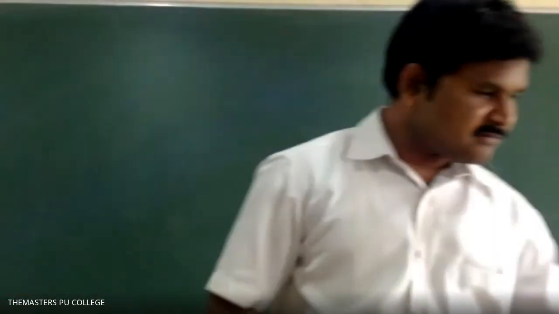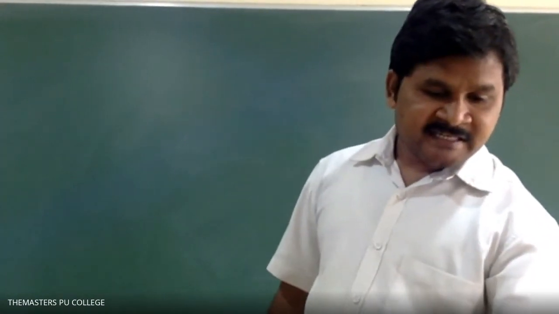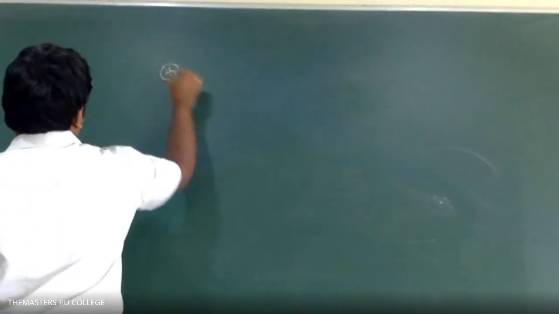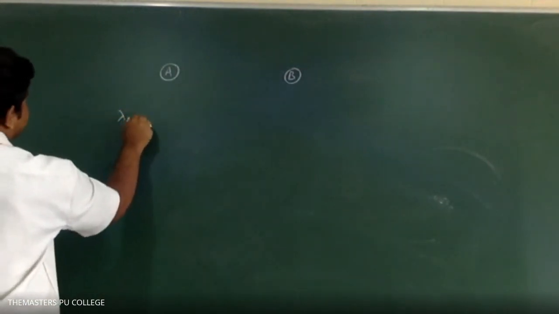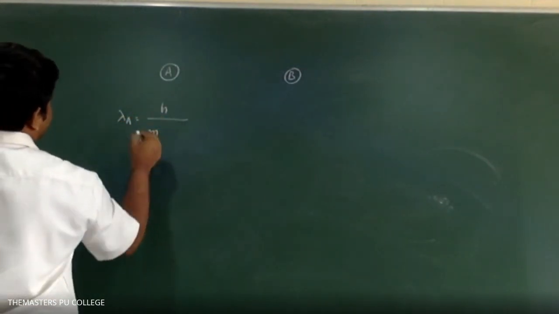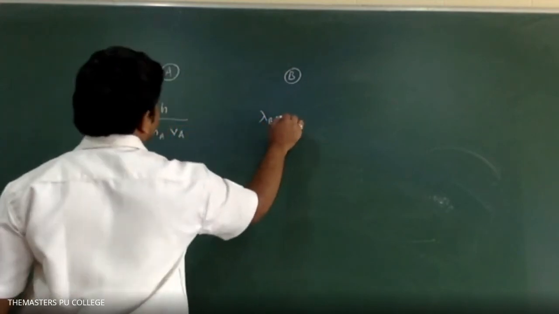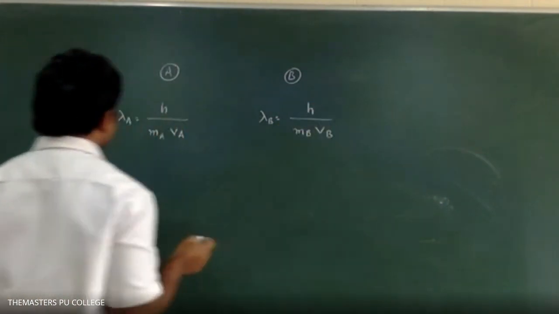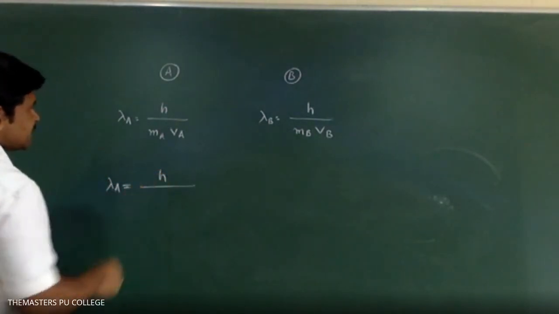Please observe, very simple, ma. 105 and 107 both are simple. He is telling two particles, A and B. So lambda A is equal to h by mA vA, lambda B is equal to h by mB vB.